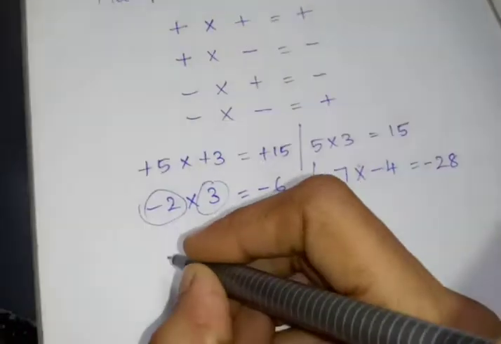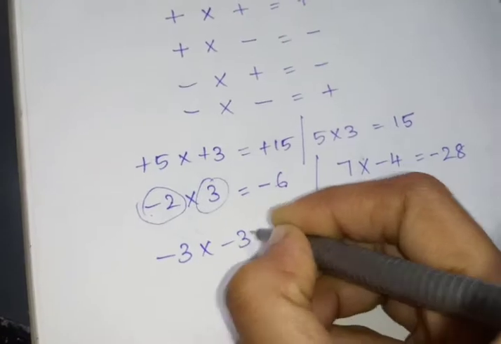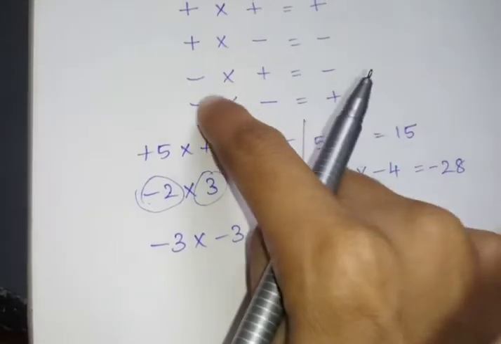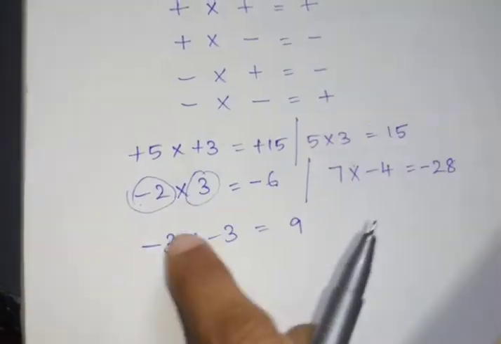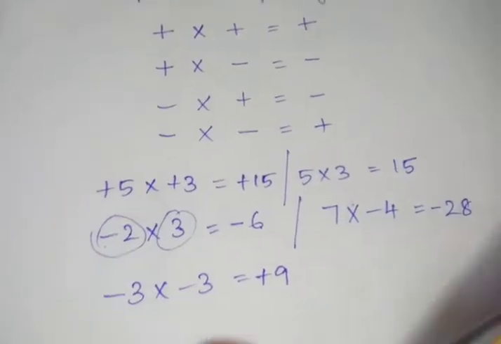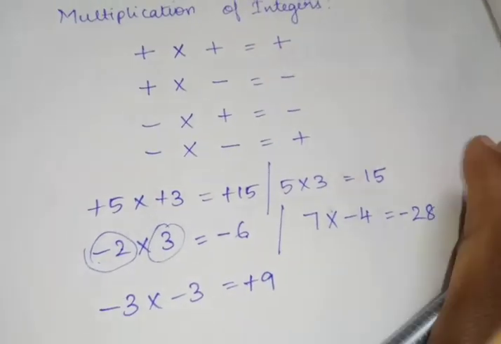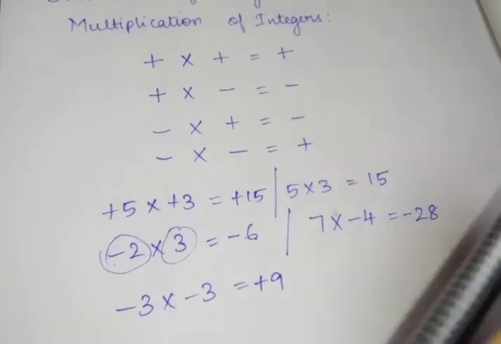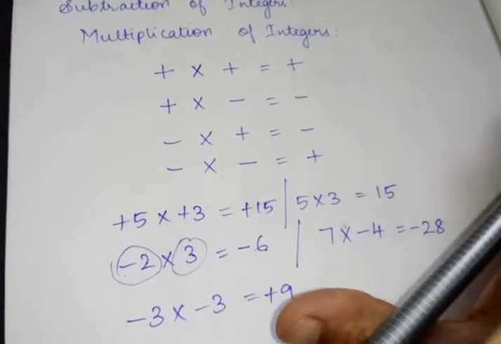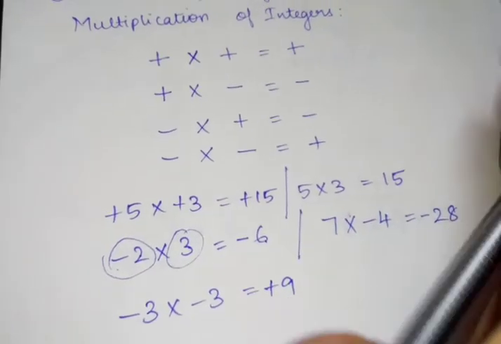Next, minus 3 into minus 3. As usual, 3 3s are 9. Minus into minus, plus. So these are the rules of multiplication of integers. If you know the multiplication of integers clearly, you can deal with the subtraction of integers.